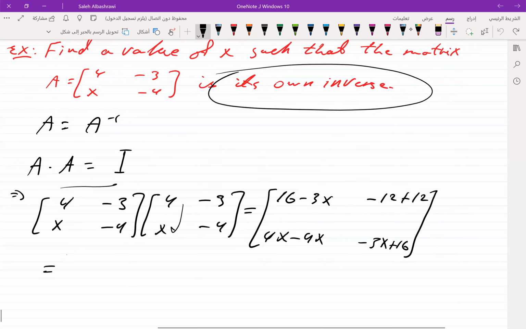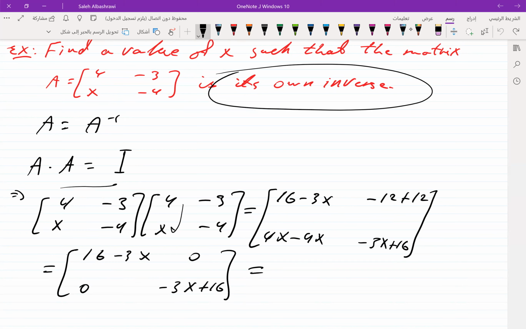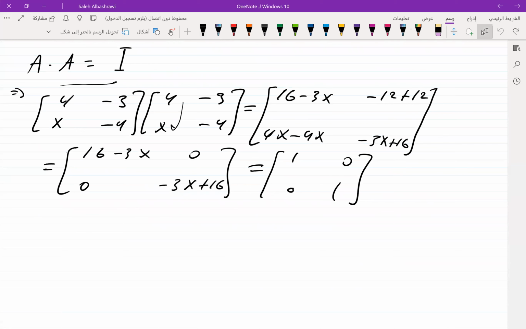Which is equal to 16 minus 3x, 0, 0, minus 3x plus 16. And this is equal to the identity. As we defined before, two matrices are equal if the same entries in the same position are equal.